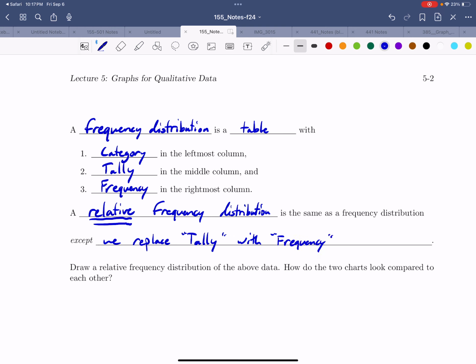So we get rid of the tally and shift frequency over, and we replace frequency that was normally on the right with relative frequency.